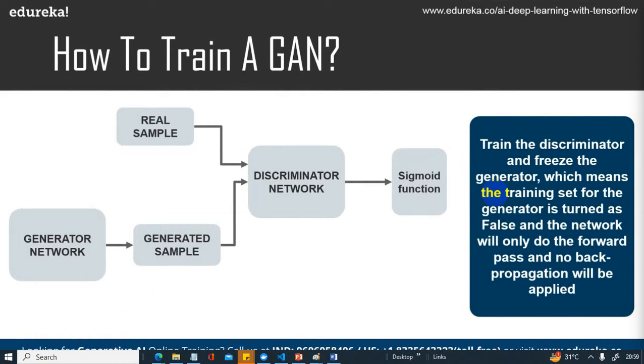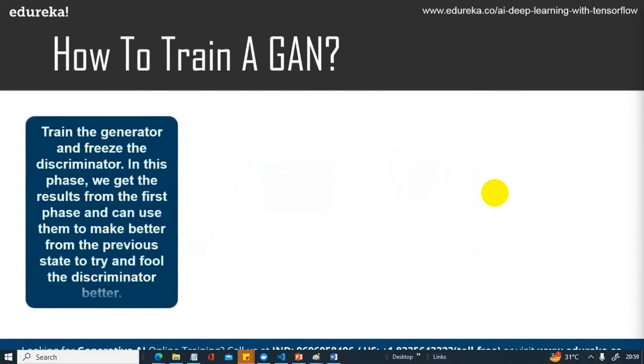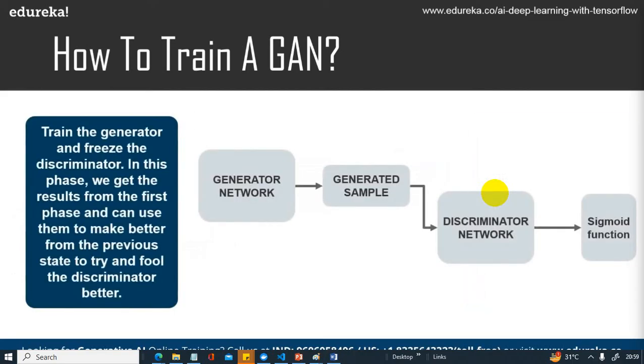Basically, the discriminator is trained with real data and checks if it can predict them correctly, and the same with the fake data to identify them as fake. After this, there's the second part where we train the generator and freeze the discriminator. So we get the result from the first phase and we use them to make it better than the previous.